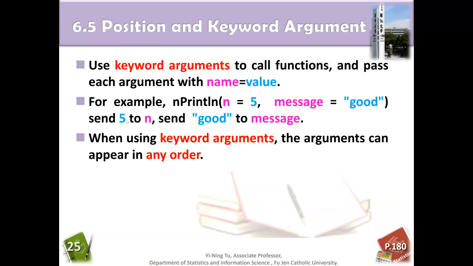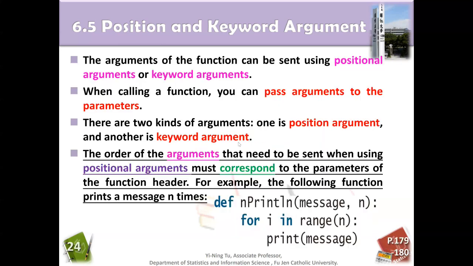So we send 5 to n and good to message. But the function is defined with the order perhaps the other way around: this is the message, this is the integer.